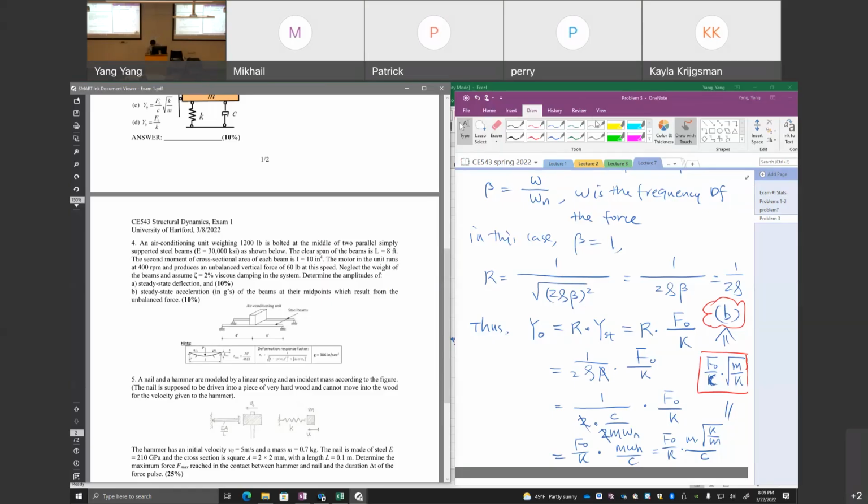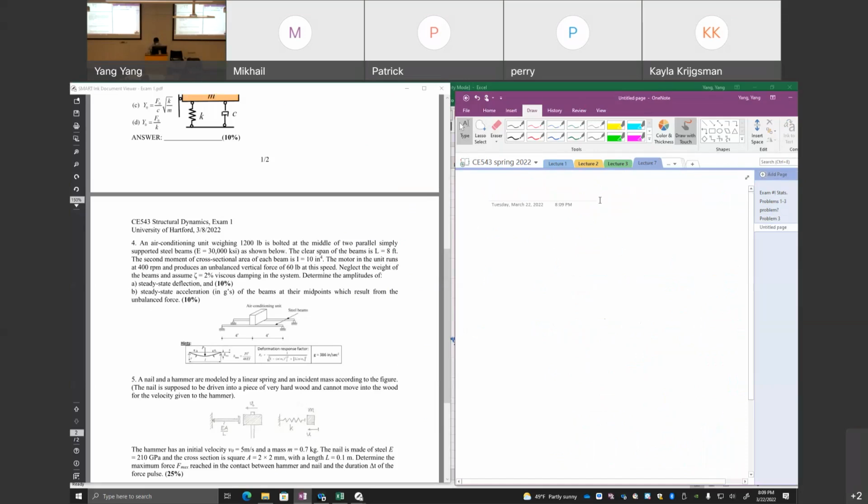Very similar, and I think in class it was a washing machine. Anyway, problem 4 is very similar to your homework problem. I only revised the damping ratio as well as the frequency of the force.